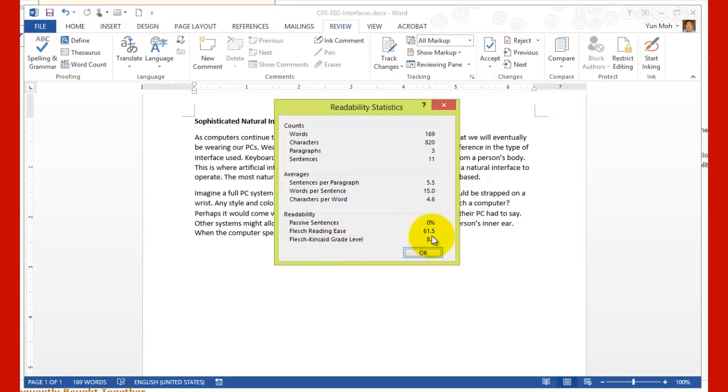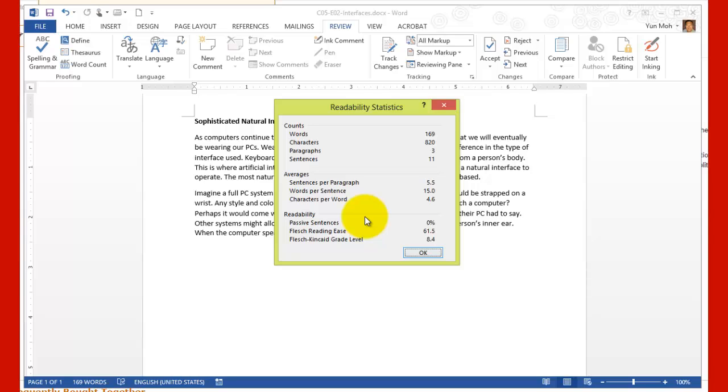So that basically means that about 61% of general readers. So I guess we can talk about somewhere between the first grade in elementary school and somebody who's really old. So we have a big range of reader age groups, and about 61.5% of people should be able to understand this document.